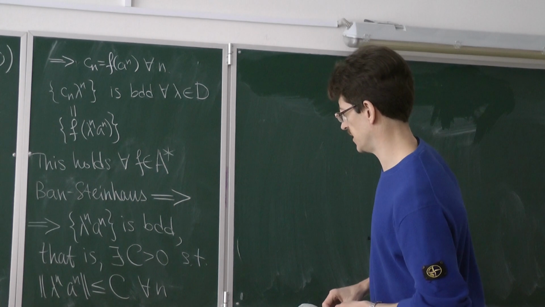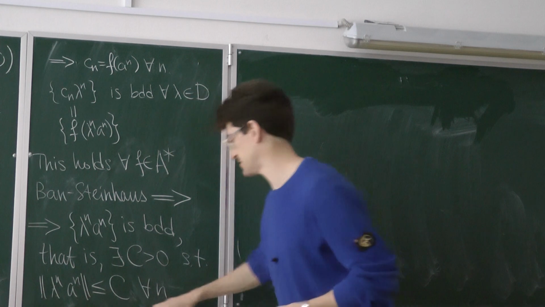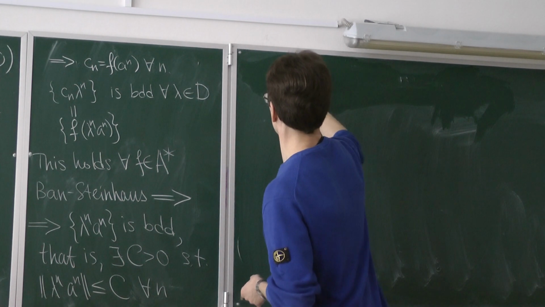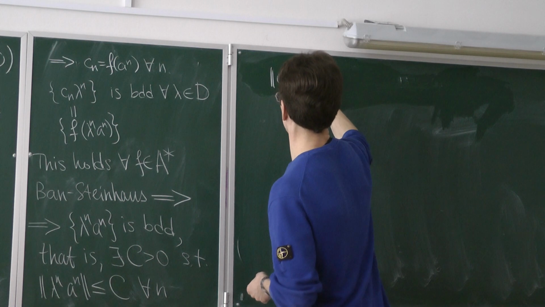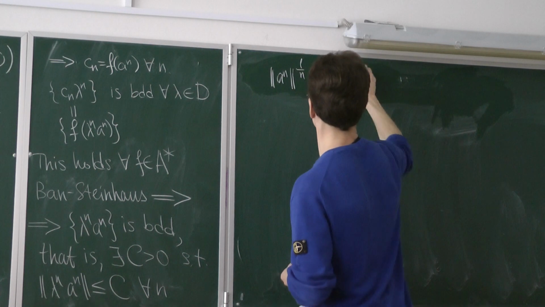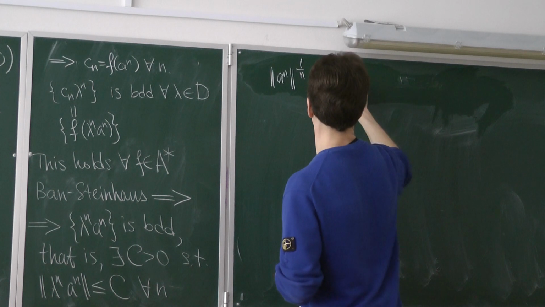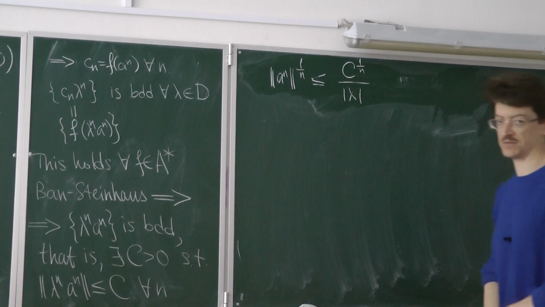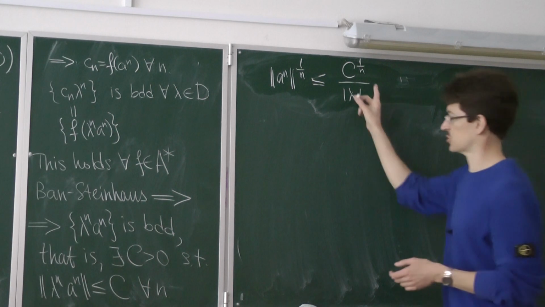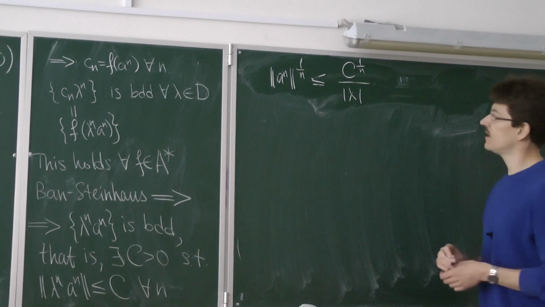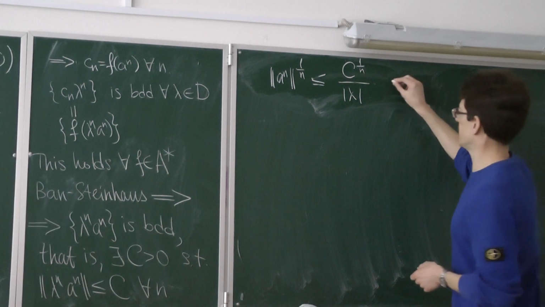I choose a different way of rewriting this inequality. So the norm of A to the power n, and then to the power 1 over n, is less than or equal to C to the power 1 over n divided by the modulus of lambda. This is equivalent, but this is more convenient for us. And now we take the upper limit.